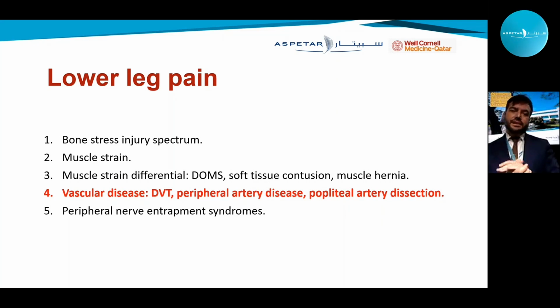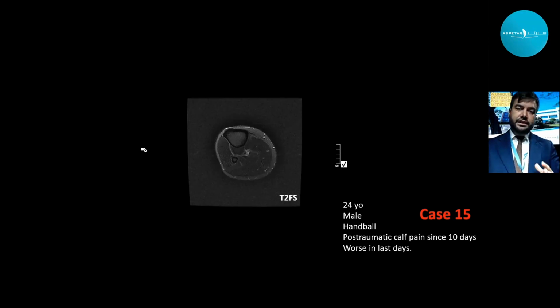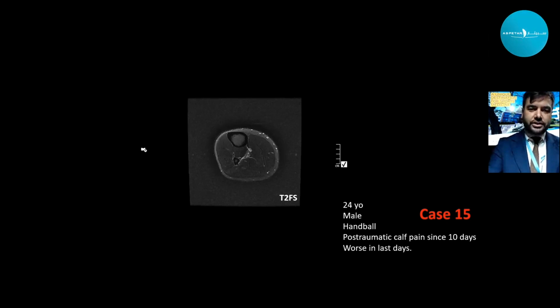Just to finish this session, I will discuss some rare cases, normally very rare, of vascular disease and the nerve. The first case is the most common, let's say, even though it's rare, we see it quite often. It's not that rare.